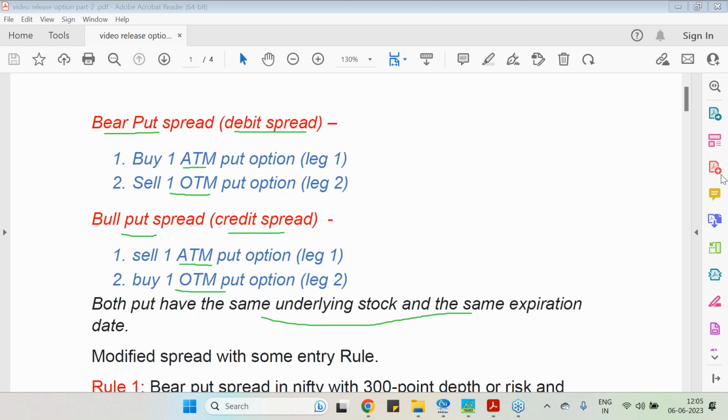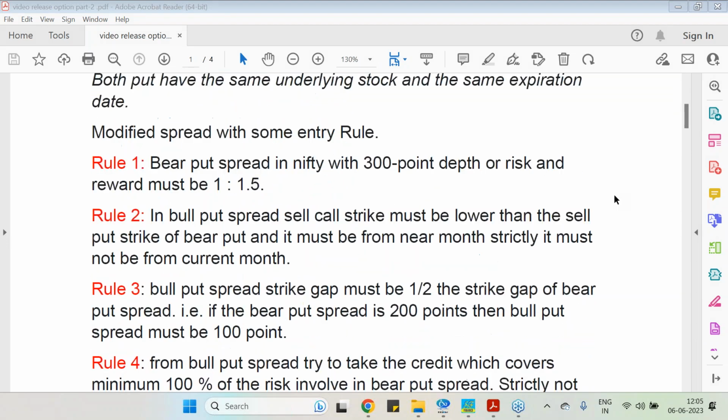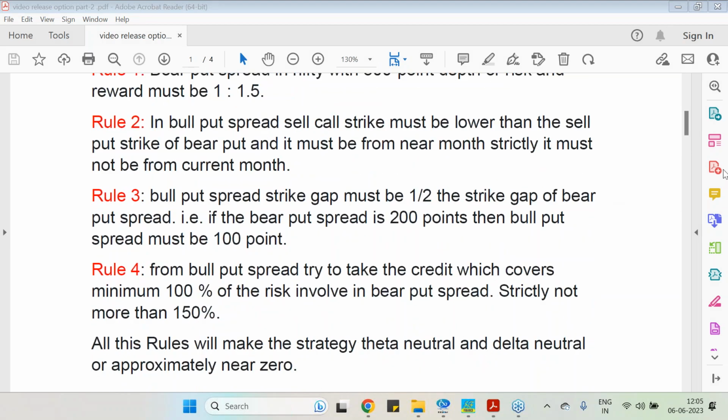and they will say the underlying stock will have the same expiry date. Yesterday also I explained this in part 1. These definitions are only from an exam point of view. You can write an exam, and this is theoretical. When the practical implementation happens, delta, theta and other factors have a greater role. So we have to neutralize them. Market conditions will be different.